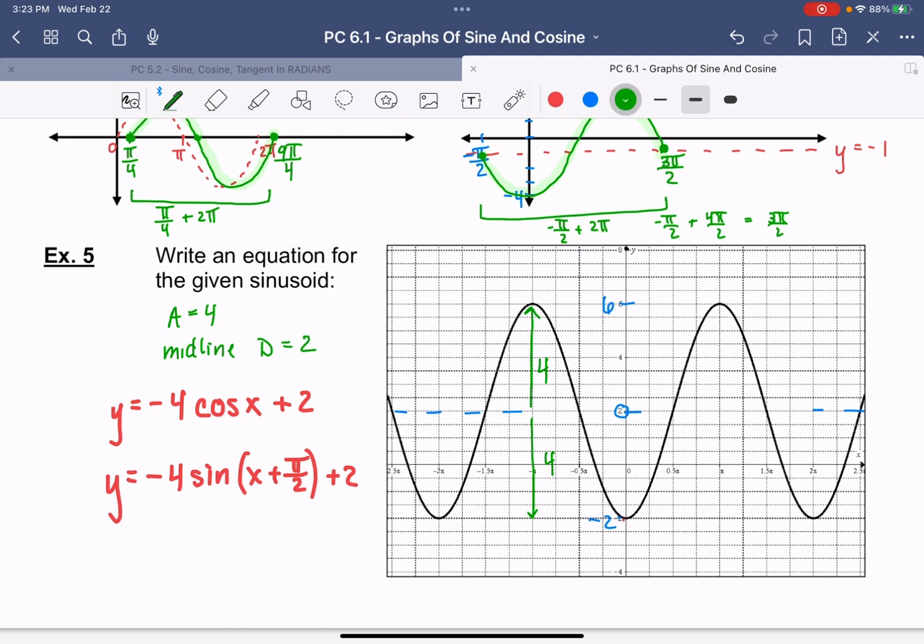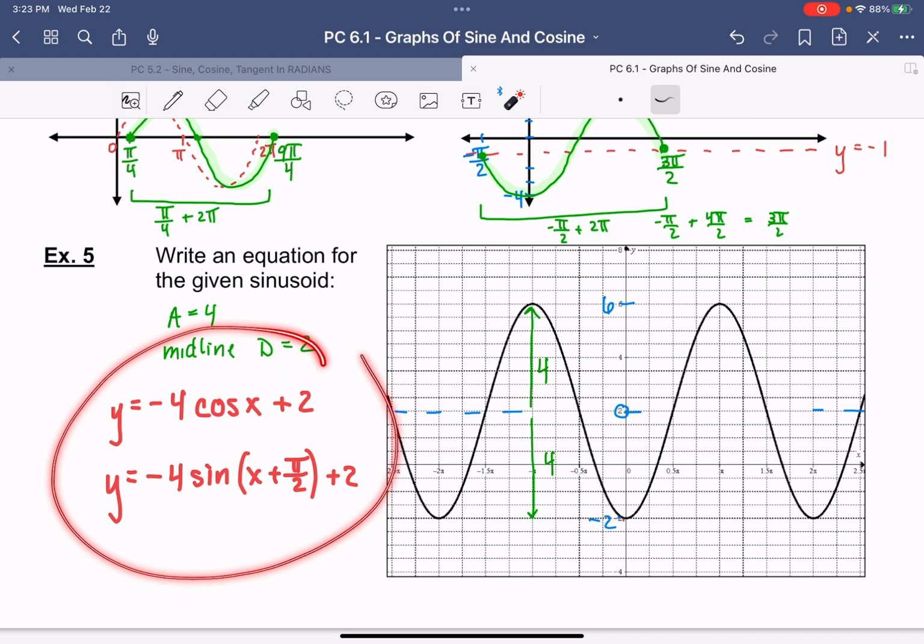Okay. You could start at this point and do a positive cosine curve with a phase shift of pi. Okay. Lots of different options. These are just 2 of our options. So just make sure everything fits all of that key information.